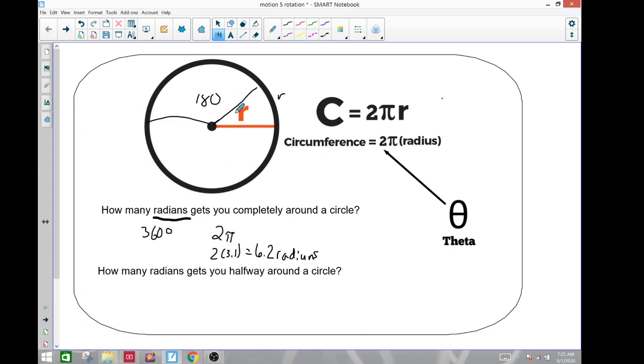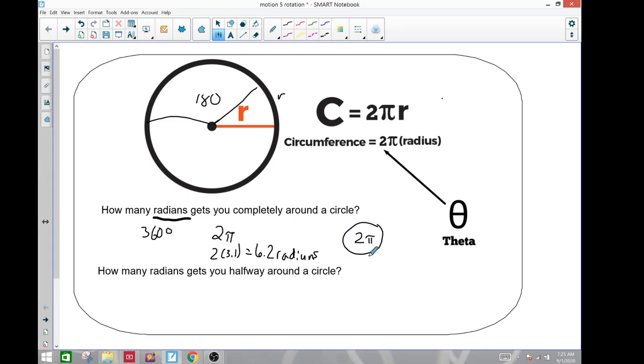But ultimately, it's a means of going around a circle, and you should realize that to get once around a circle is 2 pi. That's an important value to keep in your mind.